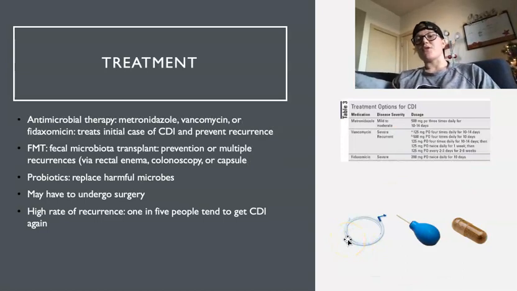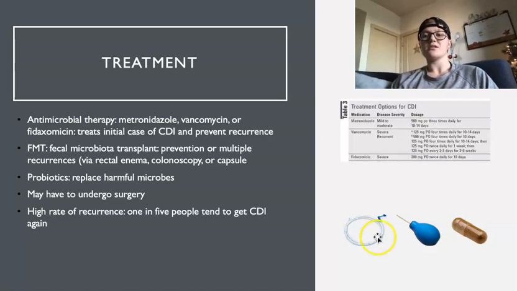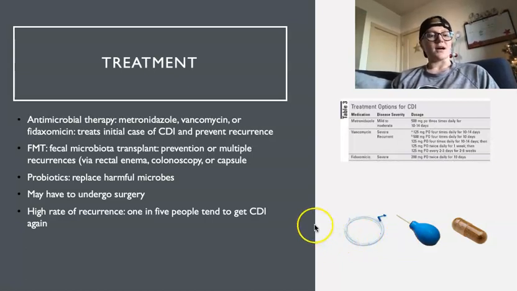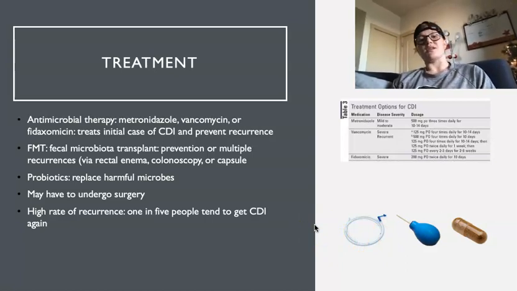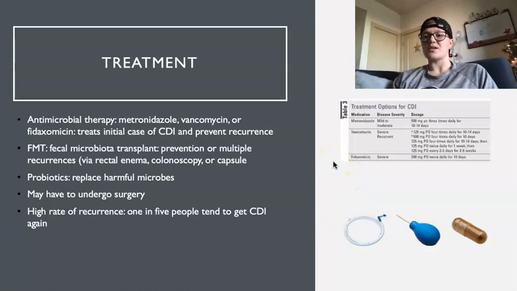There is treatment for CDI, however, it is hard to treat because there is a really high rate of recurrence. After getting it once, there is about a 1 in 5 chance you would get it again. One way of treating it is antimicrobial therapy, and that involves metronidazole, vancomycin, or fidaxomicin.